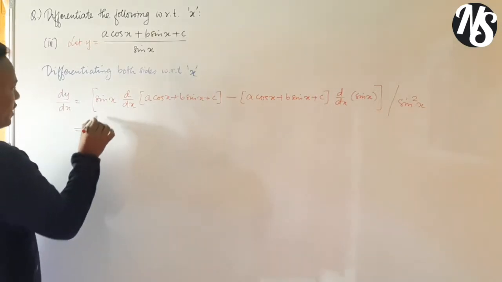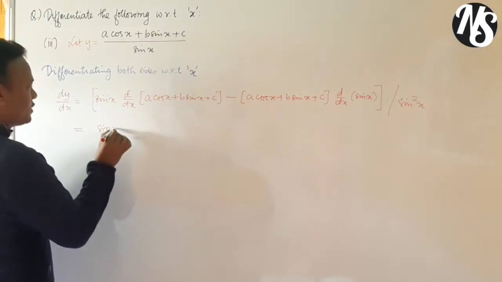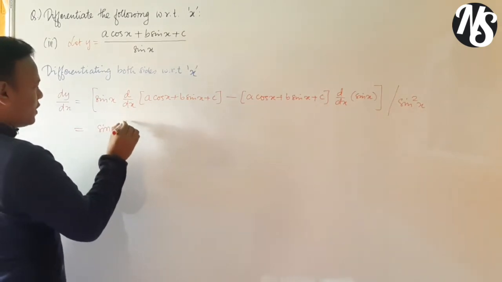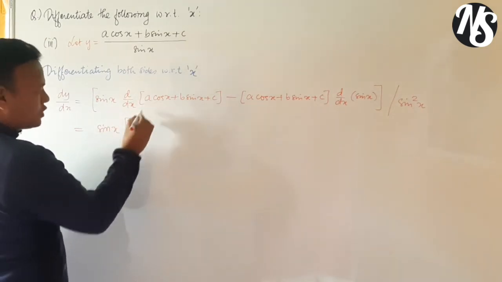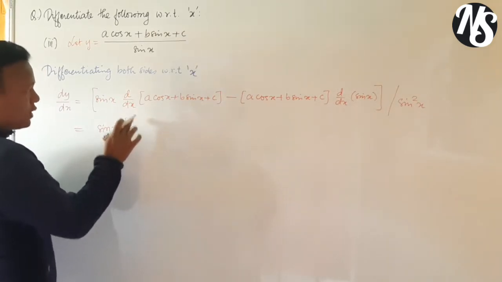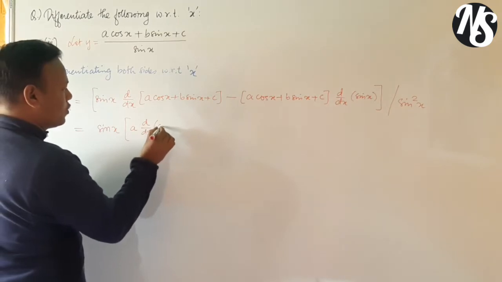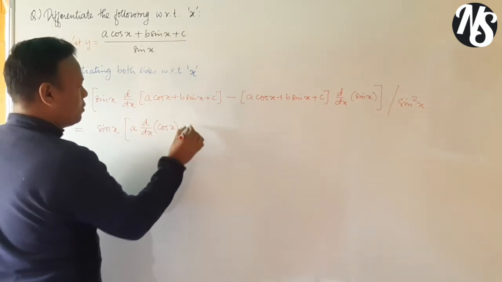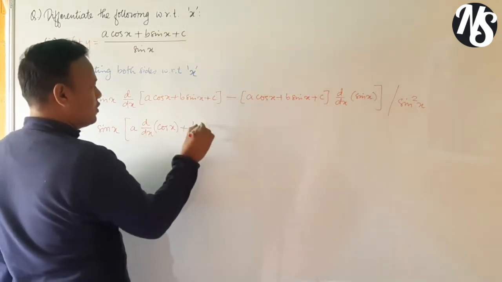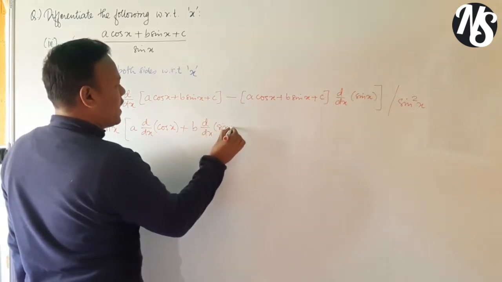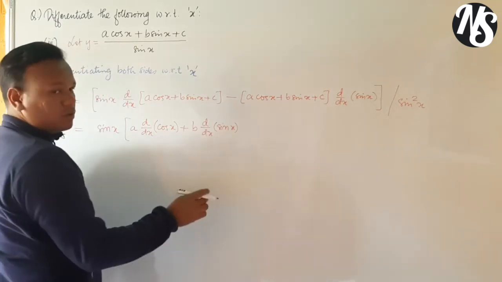Let's differentiate, in fact. So we have first sin x. Now a is constant, will be kept outside, so we need to differentiate only cos x, plus similarly b will be kept outside, so we need to differentiate only sin x, and you know what is the differentiation of c?